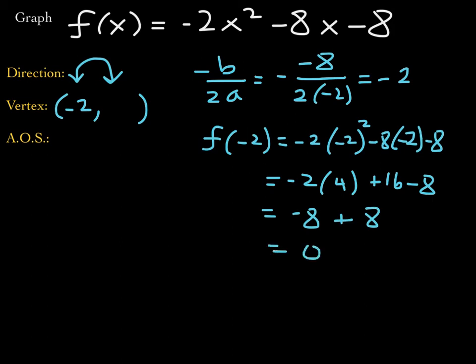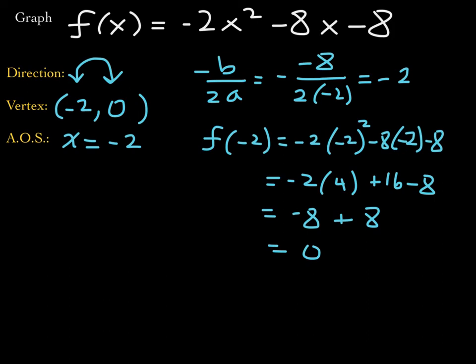So the second coordinate of your vertex is 0. Now your axis of symmetry is x equal to negative 2. All right, everybody, this is all of the information that you and I would usually collect in the previous examples that we've looked at. I'm going to add a couple more steps here for us to follow.